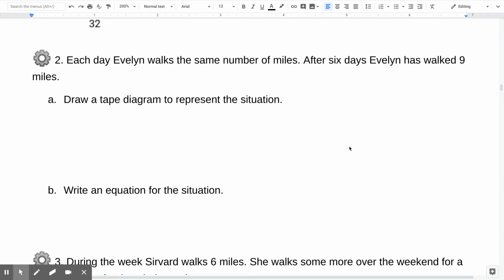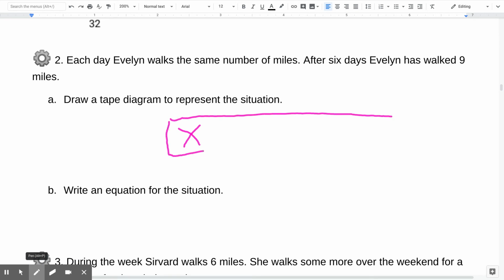So if I'm thinking of making a tape diagram to represent this situation, I know that each day Evelyn walks the same number of miles, let's call that x, and that after 6 days she's walked 9 miles.